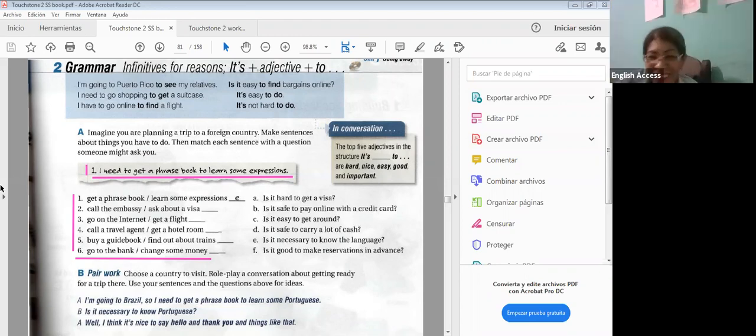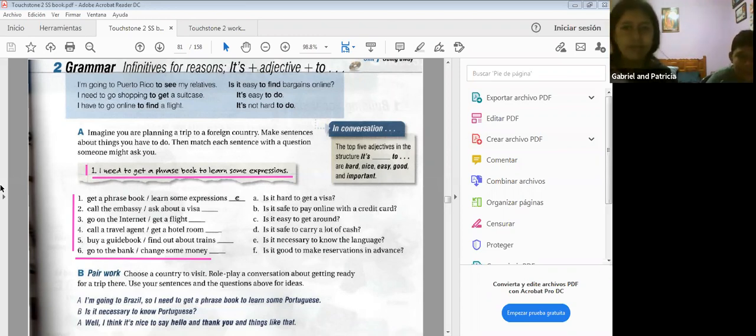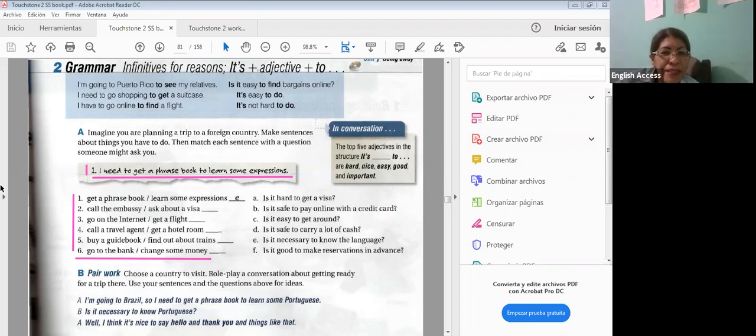And the letter? B. Is it safe to pay online with a credit card? Okay, number four, Fernanda.